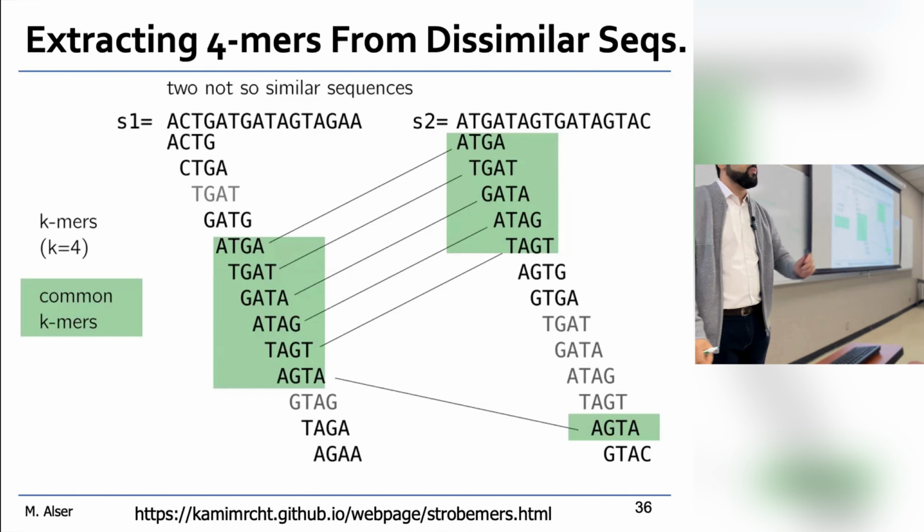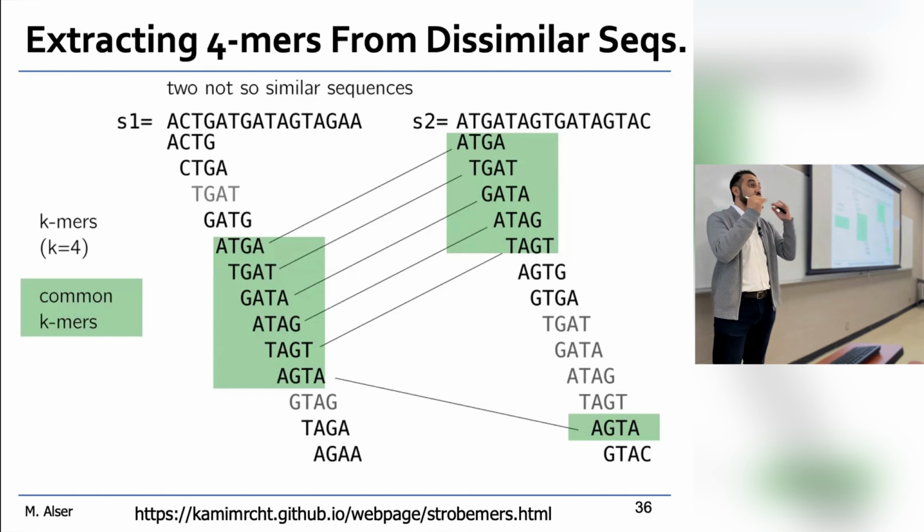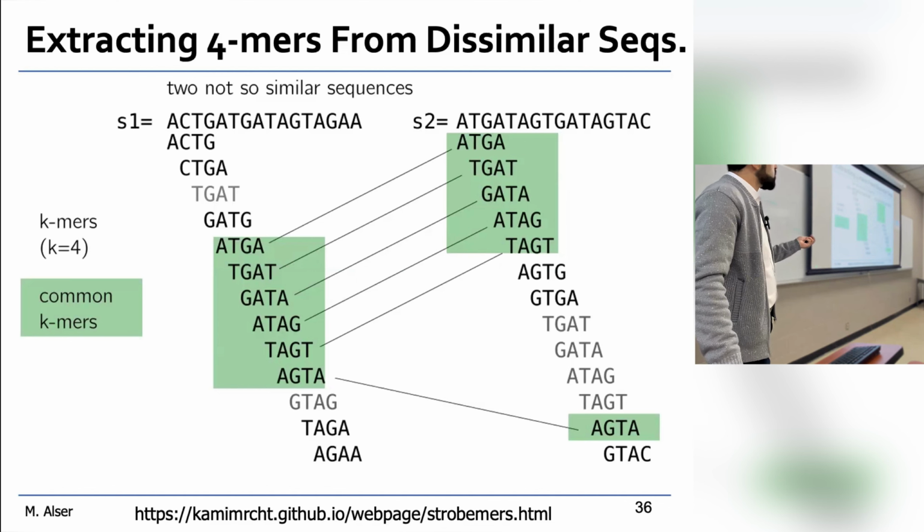Now, remember, the two sequences are totally different, dissimilar to each other, okay? But we still get some seeds matching between the two groups. That is another pitfall of the algorithm. Although they are totally different from each other, we still get some matches.